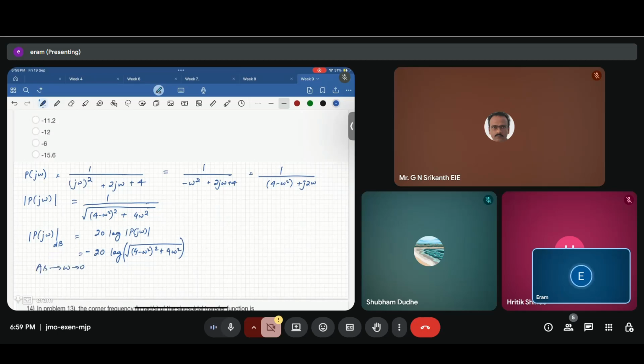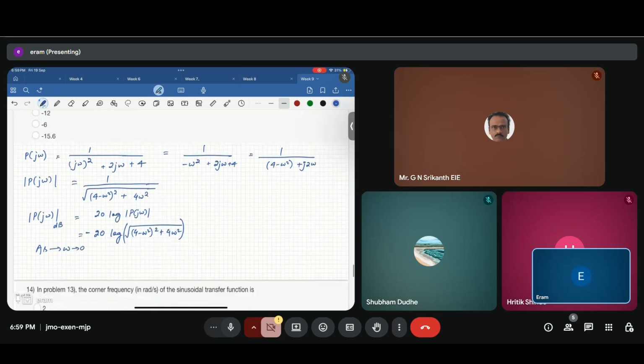What will be the magnitude in dB? It will be minus 20 log, and as omega tends to 0, we are left with the square root of 4 square, which is equal to minus 20 log of 4.